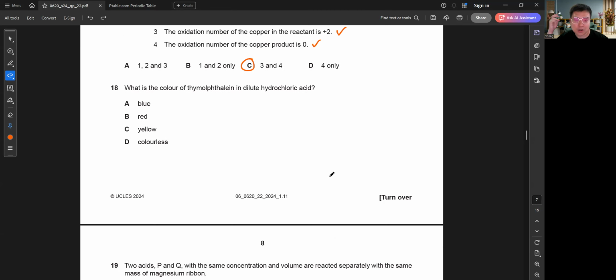Next question. Thymolphthalein in dilute hydrochloric acid. Basically, what is the color of thymolphthalein when it's mixed with acid? This one, students have to learn. So students need to memorize the color of this.